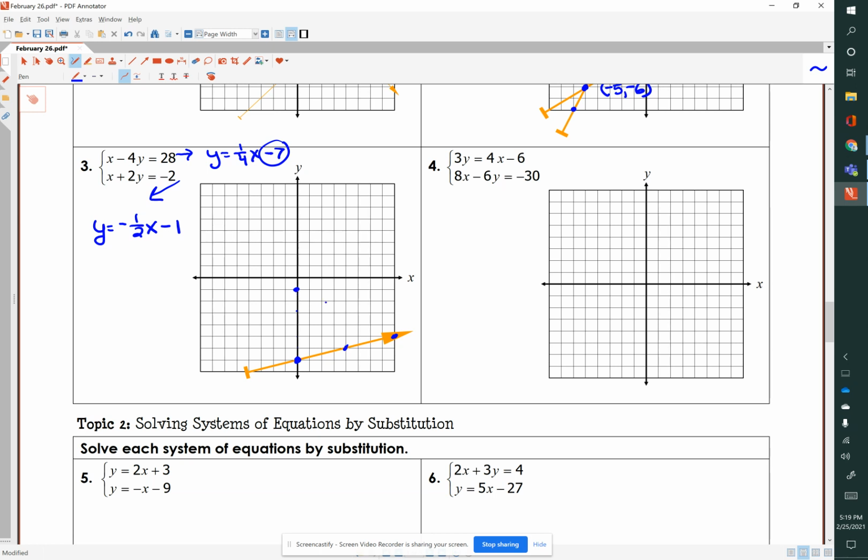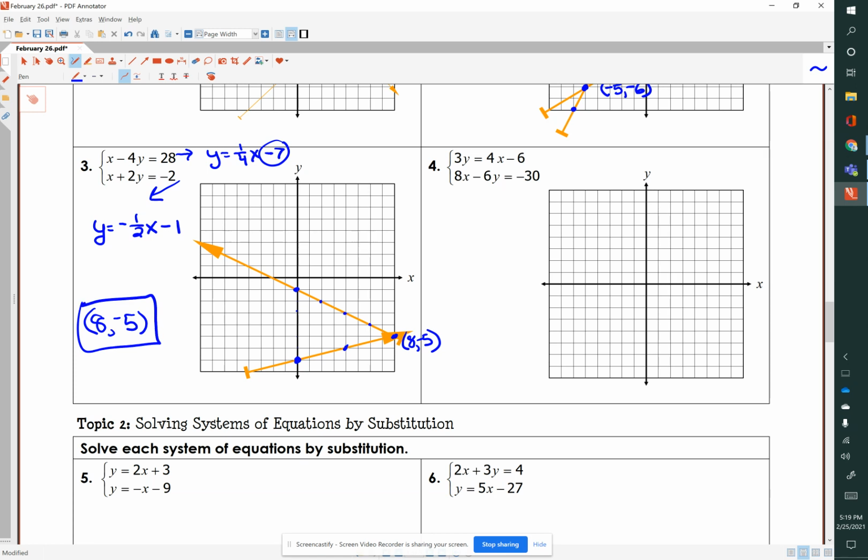So down 1, over 2, down 1, over 2. And we can see that the solution to this particular system is right here, 8, -5. So 8 on the x-axis, -5 on the y-axis.